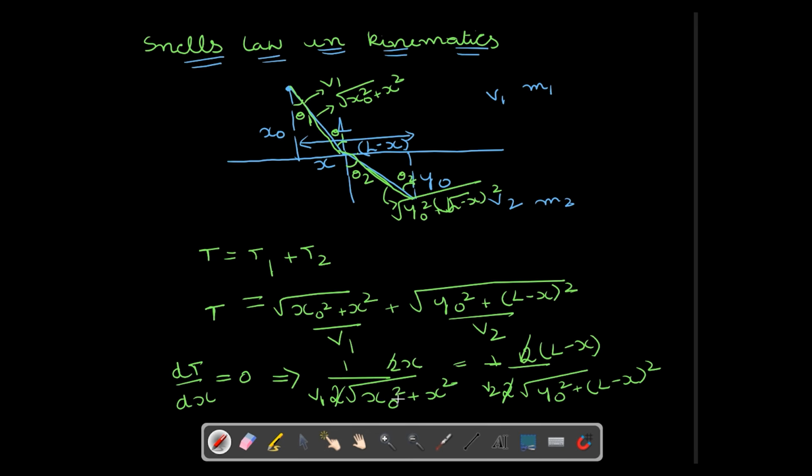So sine theta 1 by v1, again (L minus x) by this particular hypotenuse, that is nothing but sine theta 2. So what is the final conclusion that you are able to derive? Sine theta 1 by v1 is equal to sine theta 2 by v2.